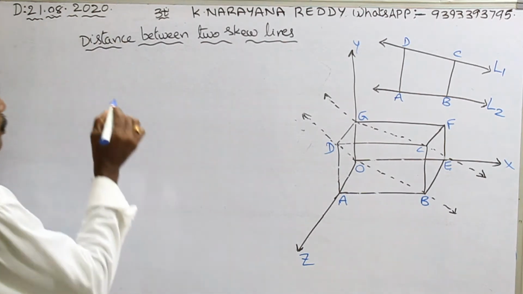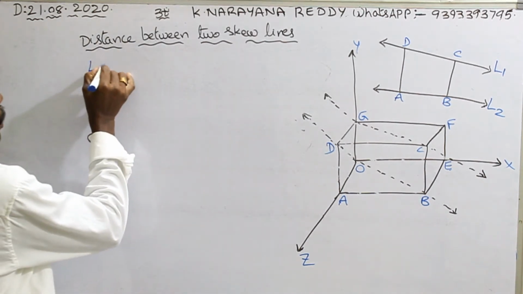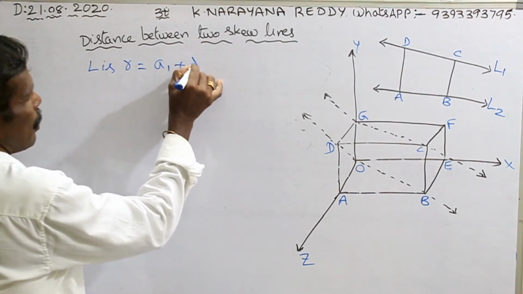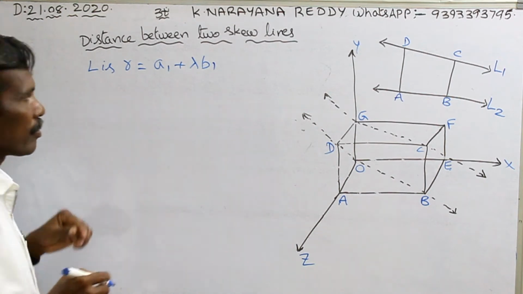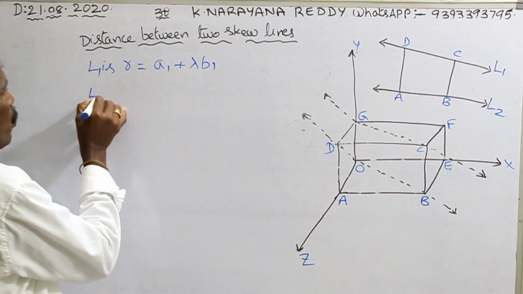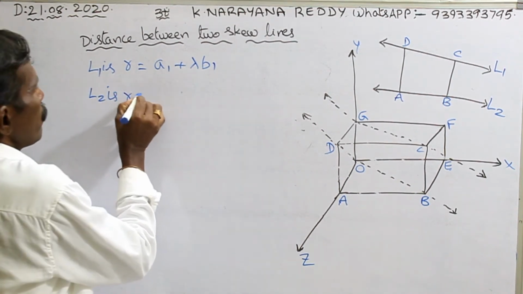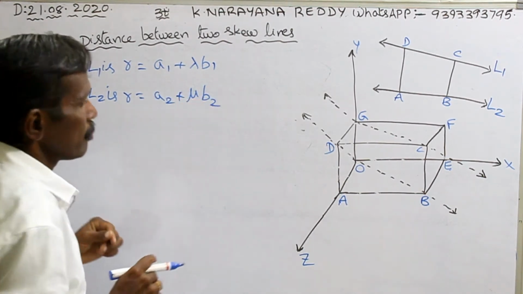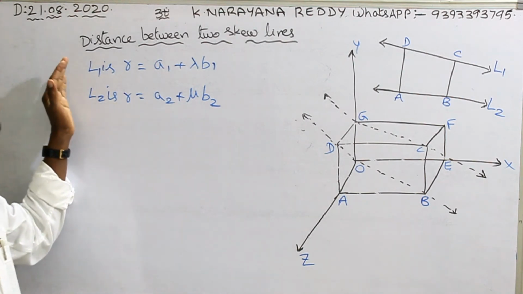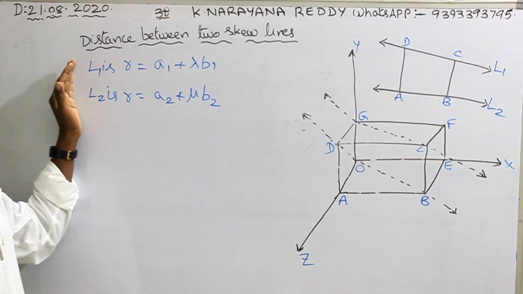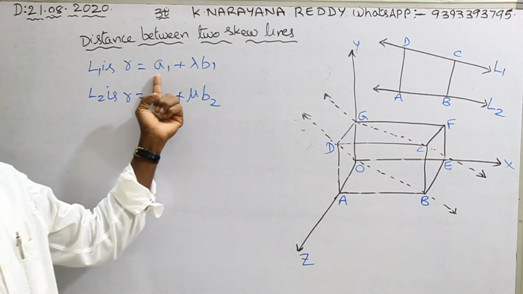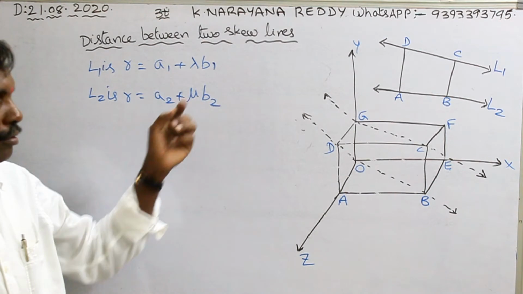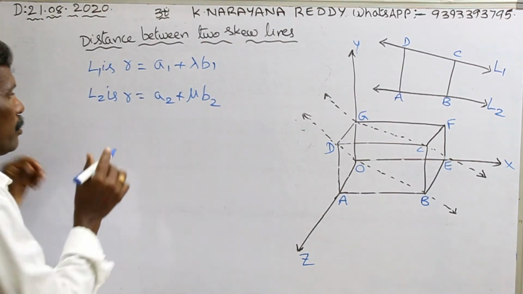Suppose L1 is r equals a1 plus lambda b1. L2 is r equals a2 plus mu b2. These are the equations of the two skew lines. Here a is the position vector and b is the direction of the vector. r is an arbitrary point on the line.